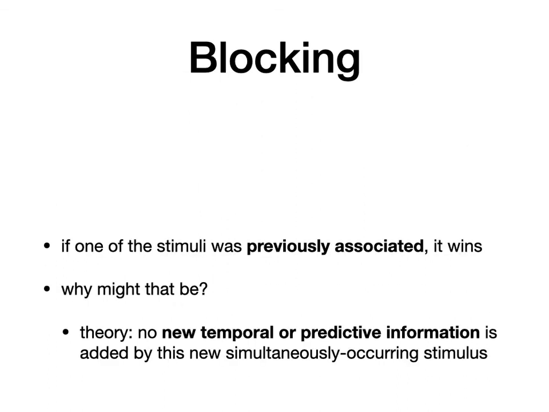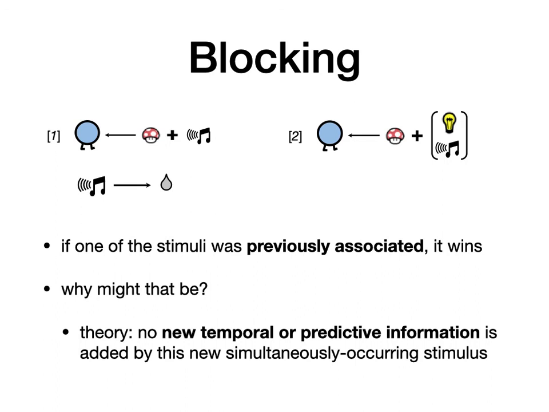Here's another one, blocking. This one's interesting. If one of the stimuli was previously associated, it wins. So there is food and there is sound with the food. Do the sound, get salivation. Next time around, there's food and there is sound with a light, potentially.